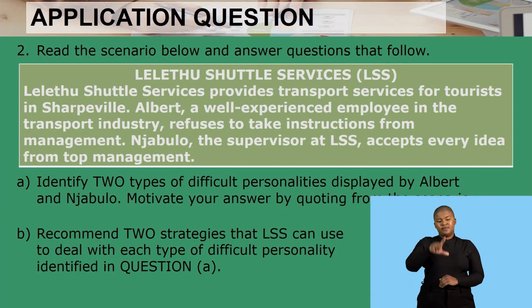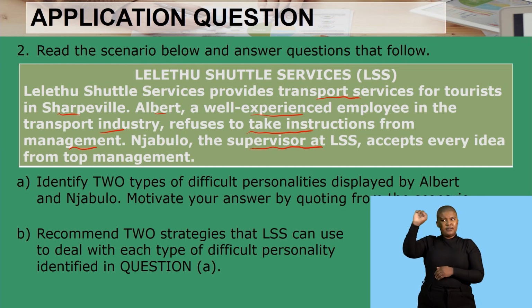We have question 2, which expects us to read the scenario below and answer the questions that follow. Leletu Shuttle Services provides transportation services for tourists in Sharpeville. Albert, a well-experienced employee in the transport industry, refuses to take instructions from the management. Njabulo, the supervisor at Leletu Shuttle Services, accepts every idea from top management.